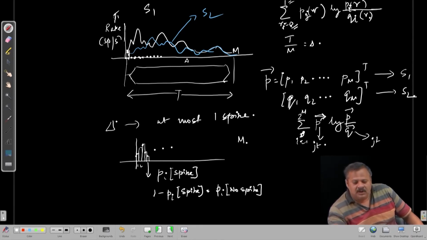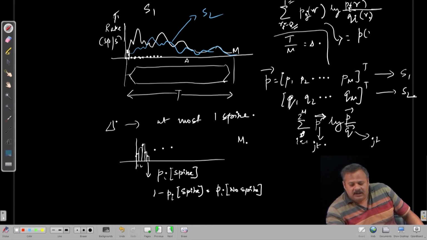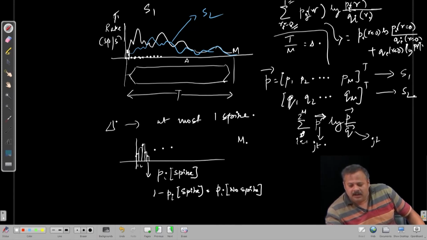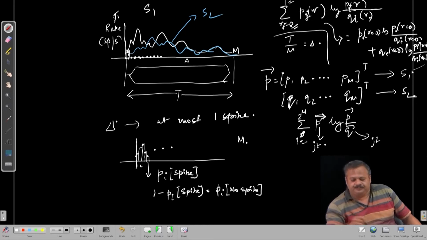So, these are the two elements that will be summed, that is, then this becomes equal to probability R equal to 0 times log of P_i(R=0) divided by Q_i(R=0), plus Q_i(R=0) times log of P_i(R=0) divided by Q_i(R=0).